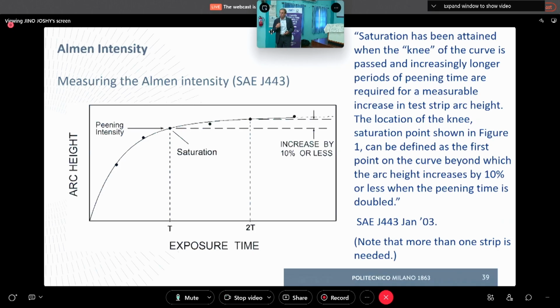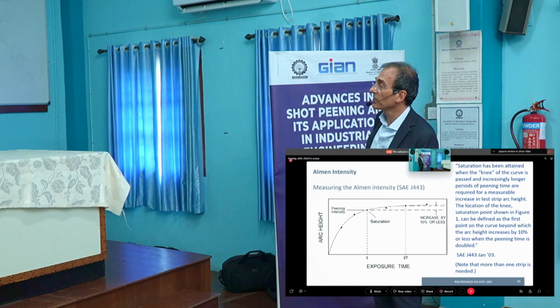By doubling the time, we repeat the measurement of the arc height. We proceed and repeat this operation two, three, four times, let's say. Every time we measure the residual arc height of the strip we have used.